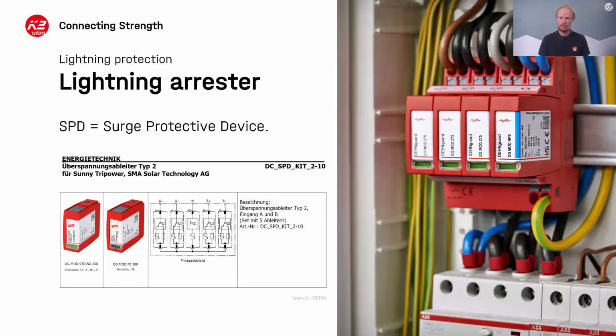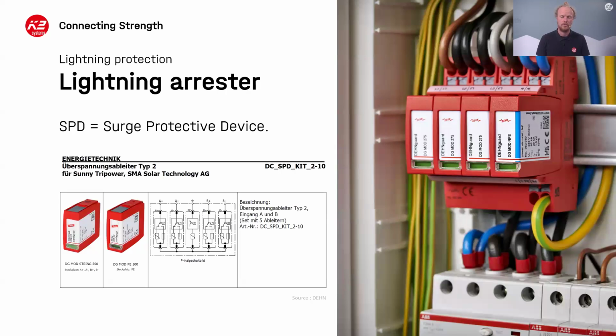Jumping now to the internal lightning protection. Generally speaking, this will be some form of surge protective device, the SPD that we were talking about before. And there are two types of these systems. The first one, SPD type 1, is a sort of lightning current arrestor, which has the ability to dissipate the current, but cannot dissipate the overvoltages that may occur.